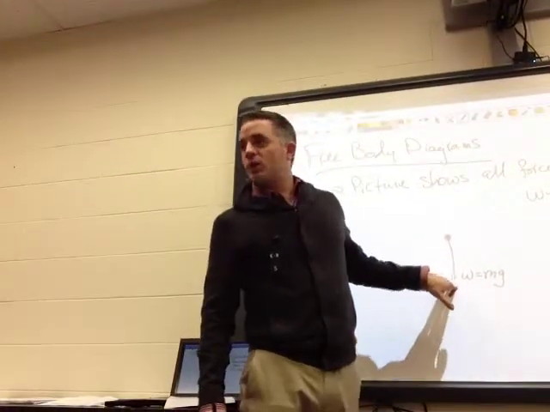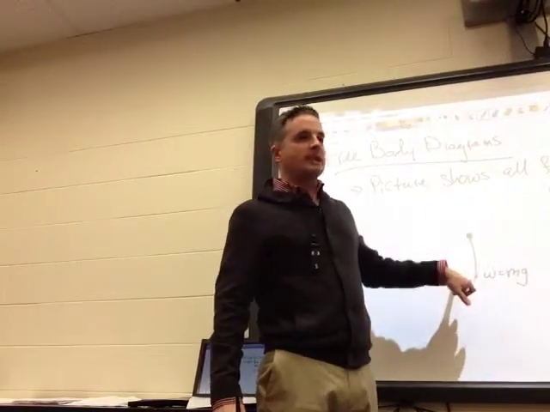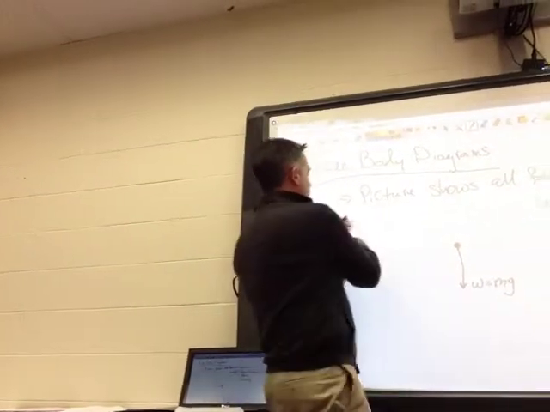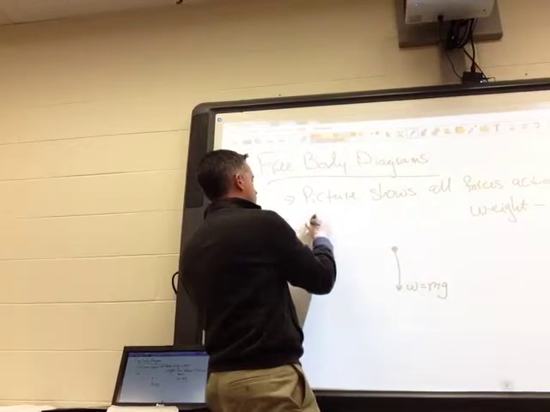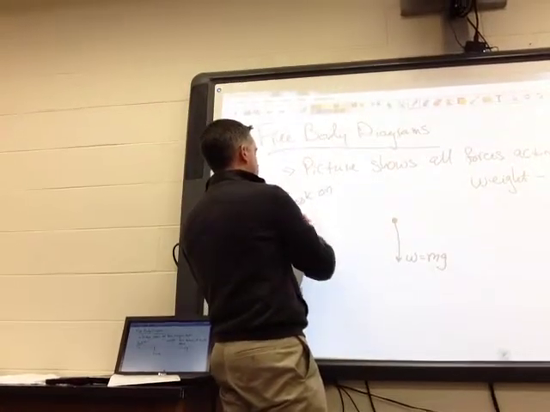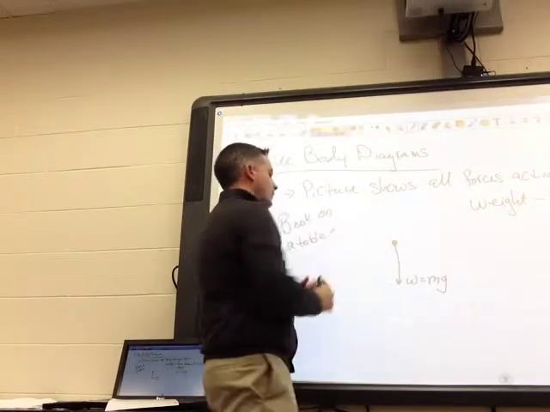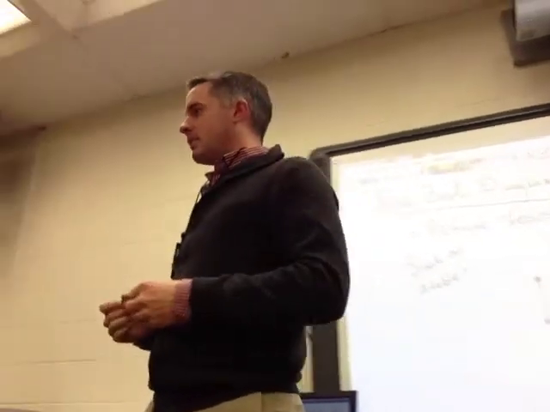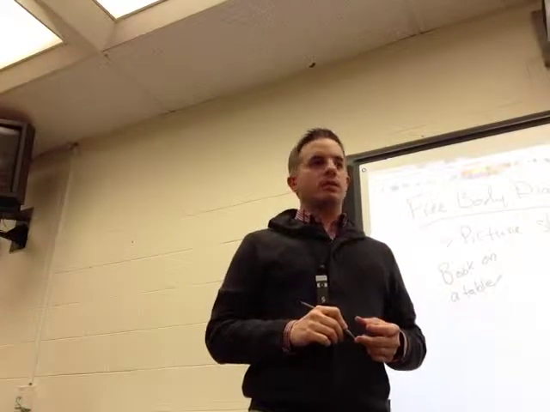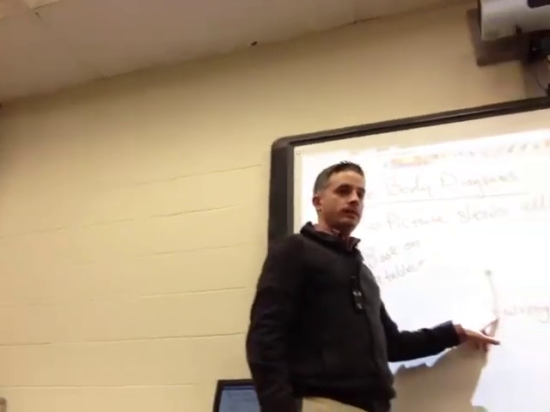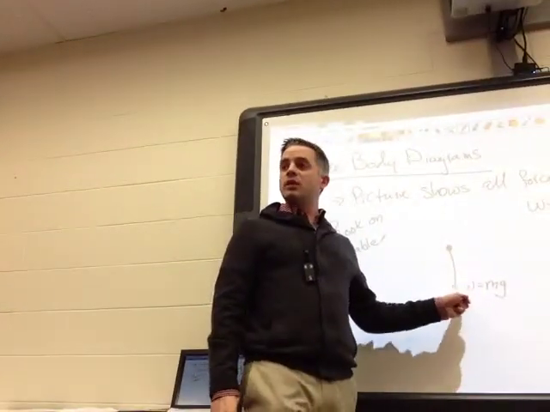That's the first thing you should always draw, right? Weight's easy, straight down. Let's say we're talking about a book on a table. Right? Book is just hanging out on a table. Okay? What other forces do you think are acting on the book? Gravity. Well, we've got weight, so that's gravity, right? So when we say gravity, we're talking the weight.